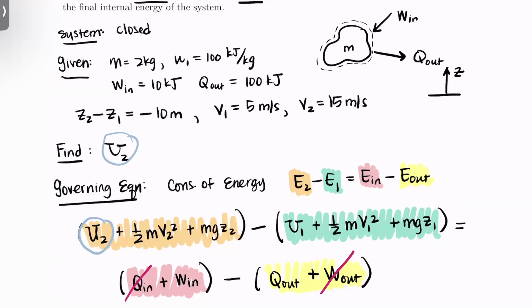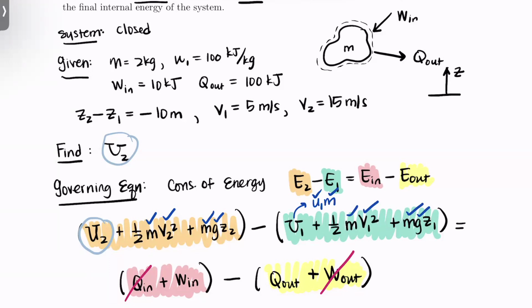And then we are given m. So that's good. We have that. We're given v2 and v1. We know what gravity is. And we're also given U1 because we're given specific u1, and that is just u1 times m. So that's given, right?